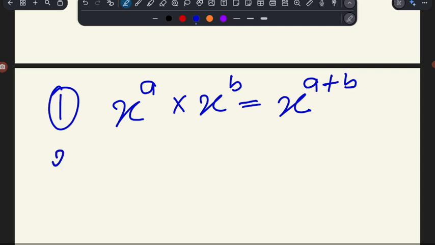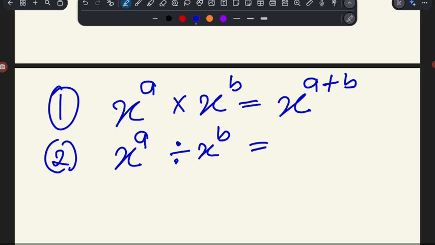There's another law like this; you just change some things. x raised to power a divided by x raised to power b. Because it is a division, what you do is a minus b.